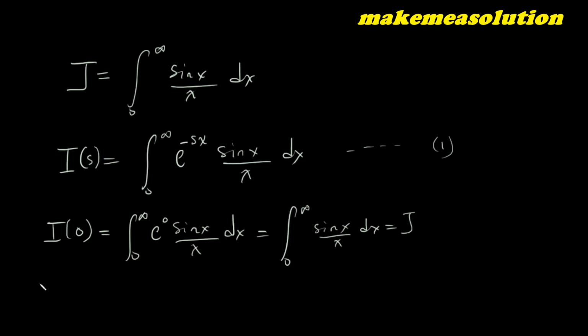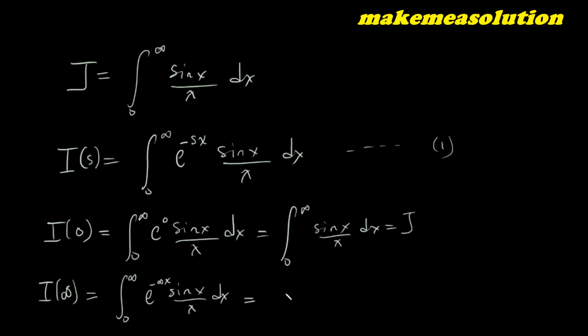Is that okay? If I take I of infinity, we plug infinity into this integral. Let me just do it the casual way. So you have exponential minus infinity x times sine x by x dx.